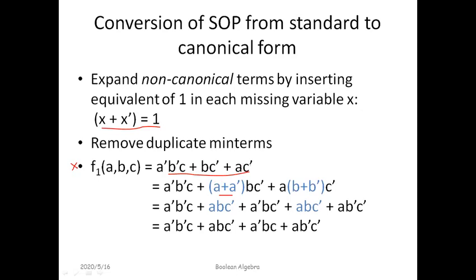Equally, on the third term with A and C, we include B plus B bar, the variable that was not seen in the expression. Then we expand out and delete the duplicates, and remain with that expression. So this is the conversion of sum of products from standard to canonical form.